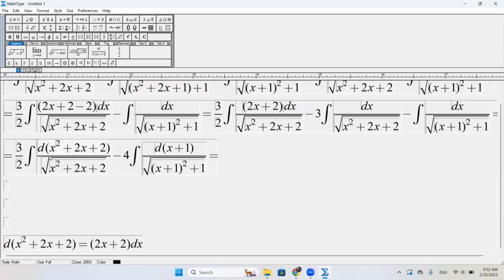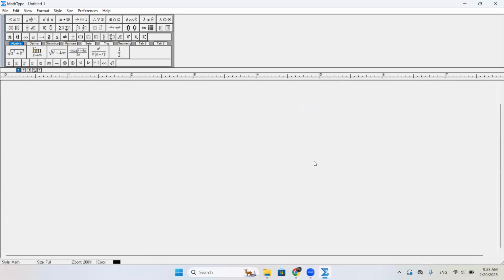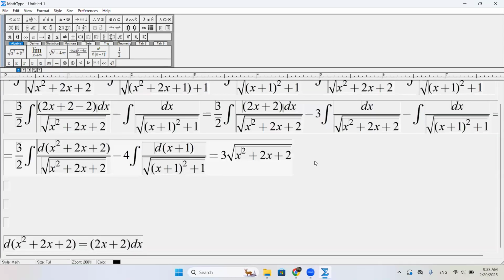So if we integrate this without the coefficient, 2 square roots of this, but as the result, 3 square roots of this expression. And plus, let's remember what this integral means.